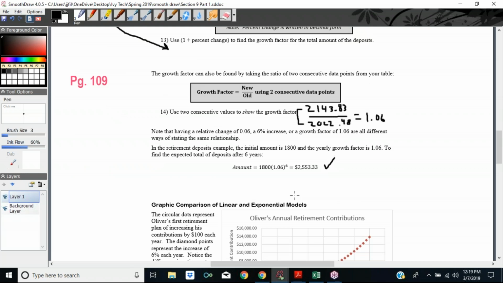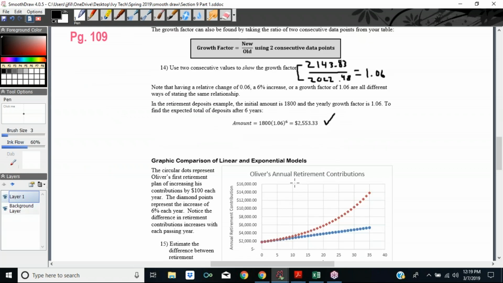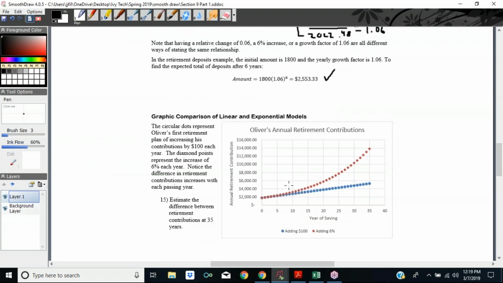So we've already talked about that. It says here's a graphic comparison of linear and exponential models. The blue dots are the linear model, adding $100 every year, and the reddish diamonds are the exponential model, which is adding 6% every year, or multiplying by 1.06. Notice the difference in retirement contributions increases with each passing year.